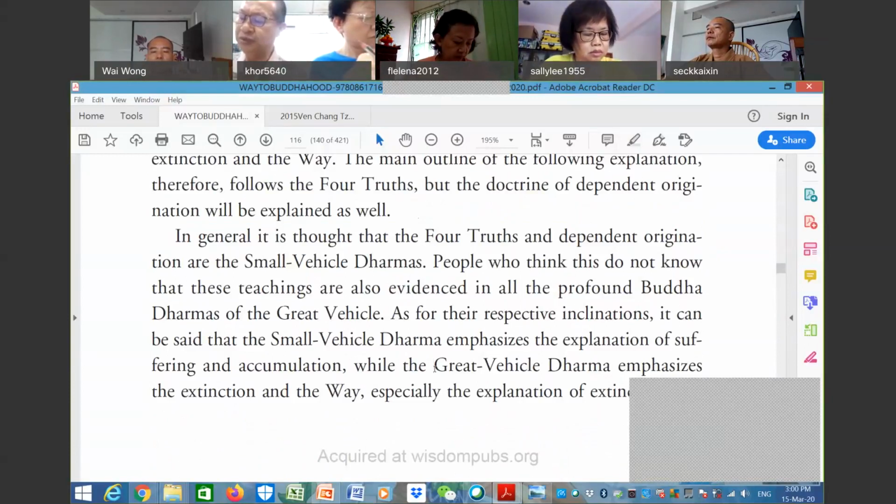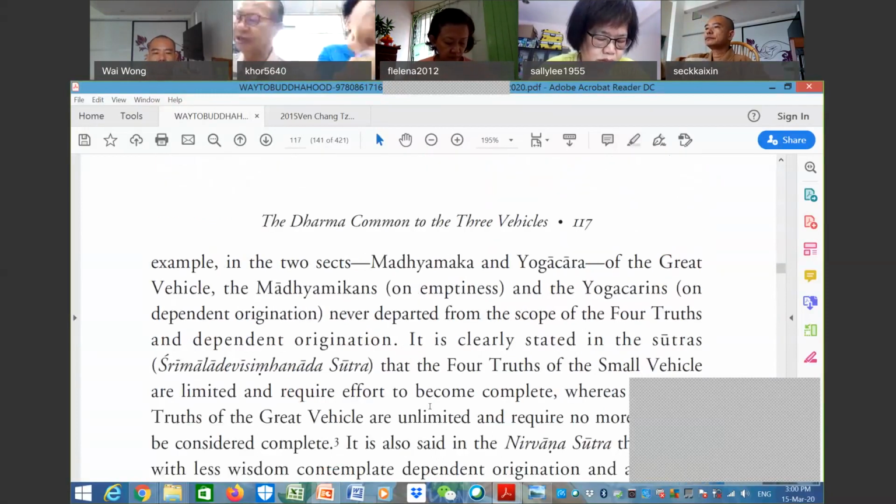As for their respective inclinations, it can be said that the small vehicle dharma emphasizes the explanation of suffering and accumulation, while the great vehicle dharma emphasizes extinction and the way, especially the explanation of extinction.